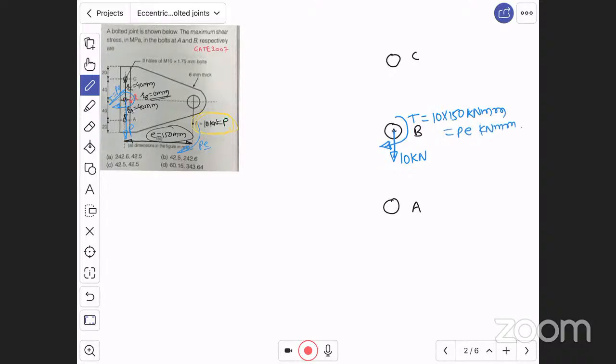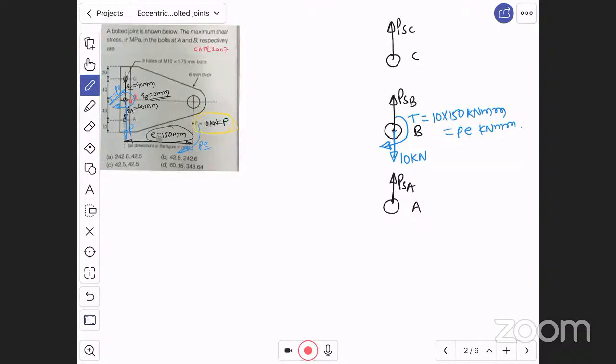Now there will be a primary shear load. For the applied load of 10 kilonewton in downward direction, there will be primary shear load in upward direction in all the bolts. Therefore there will be primary shear load in A, PSA, in B, PSB, and in C, PSC.